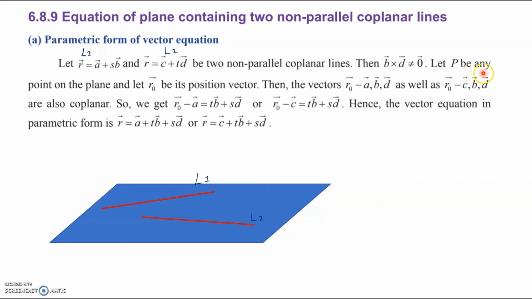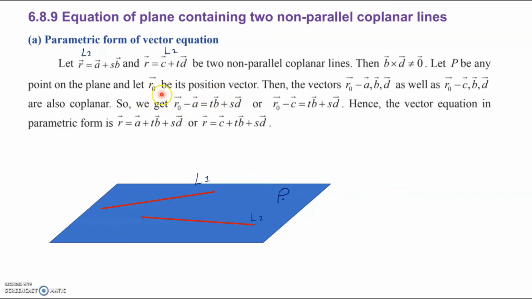Then let P be any point on the plane. So we are going to consider P as any point on the plane, and let R naught vector be its position vector.